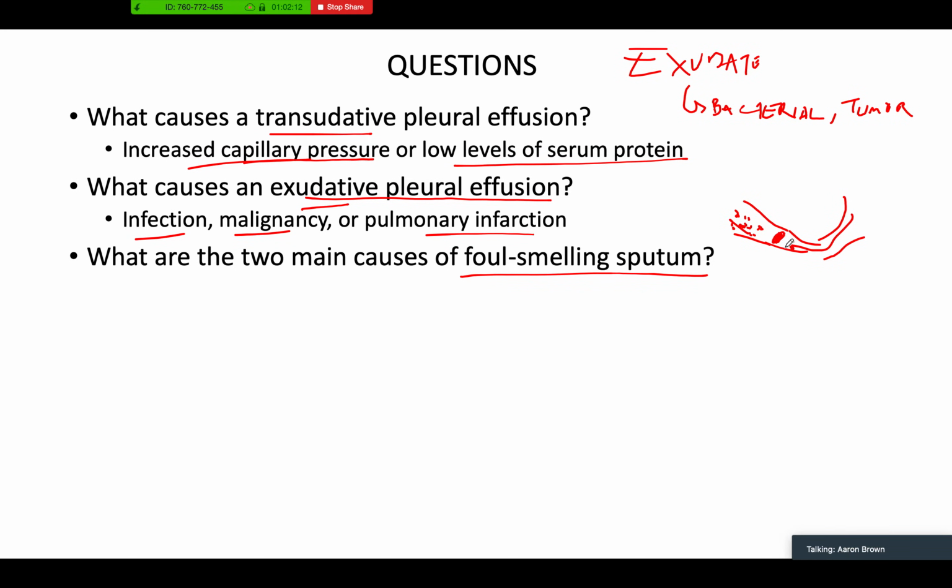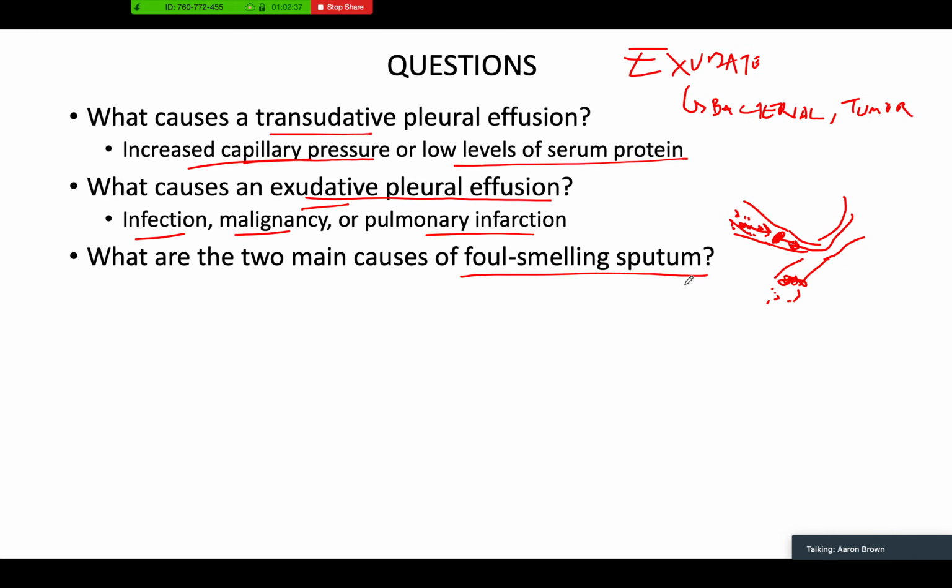Eventually, this patient will be able to pass this plug and this stuff is going to escape. However, because they have thick mucus, you're going to have another area where you have a blockage and everything downstream becomes really nasty. So patients you should be thinking about in this case are patients like cystic fibrosis patients, where they have very thick mucus. They tend to plug up their lungs a lot.